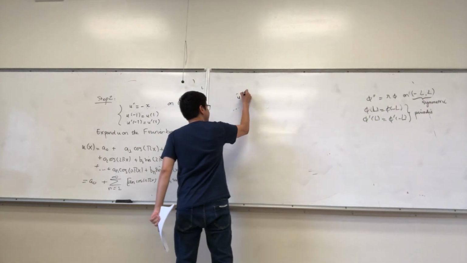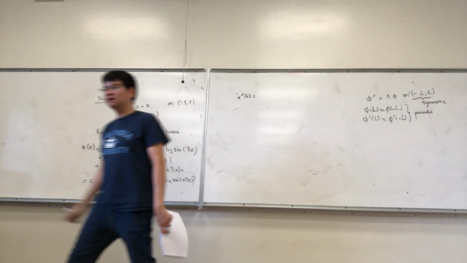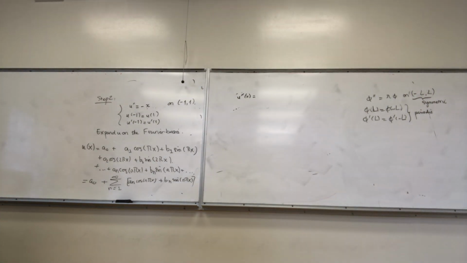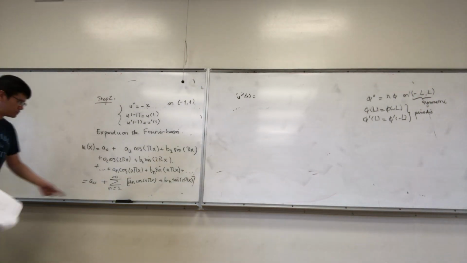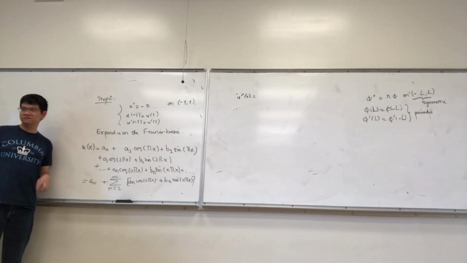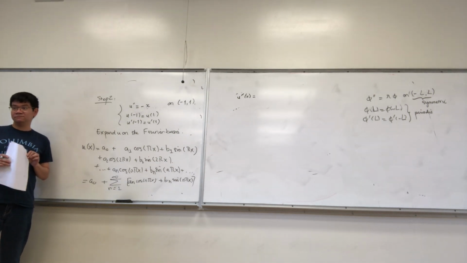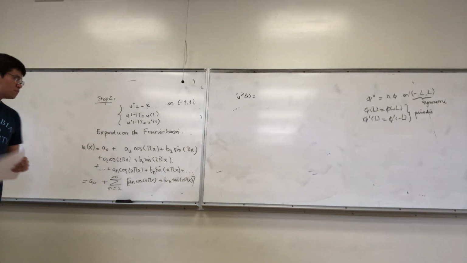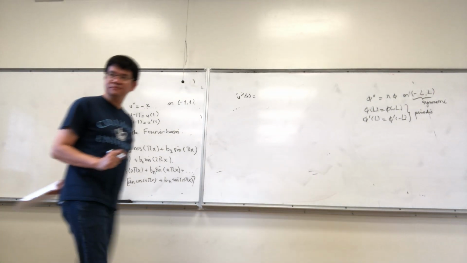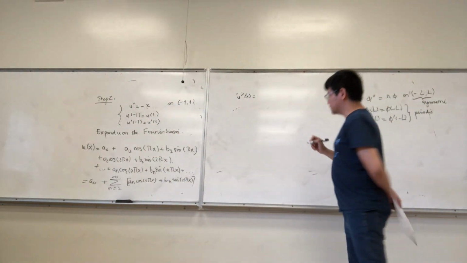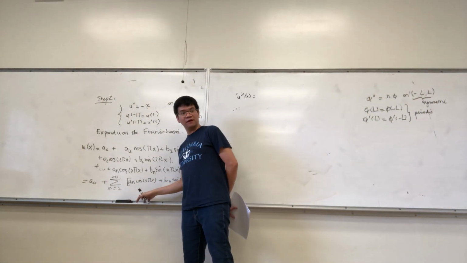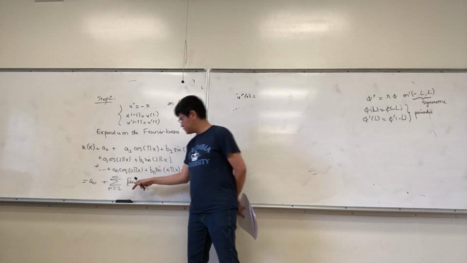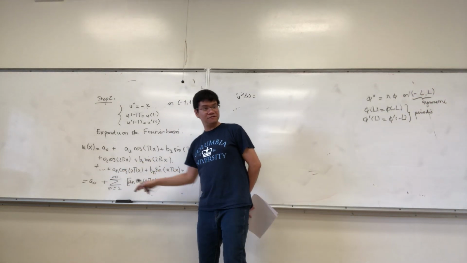So what is u second? No, I want to know the Fourier expansion. It'll be the summation of an times negative n pi squared, cosine n pi x, plus bn times negative n pi squared, sine n pi x. So we want to use the formula that we have, right? In order to take the second derivative, you take the second derivative of this, which gives you the lambda.